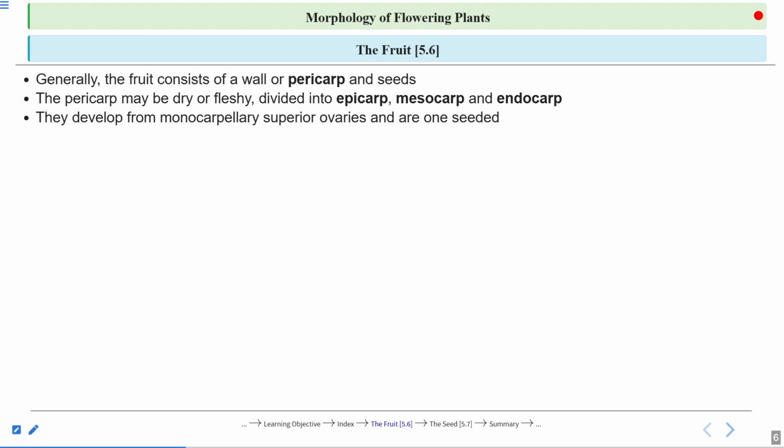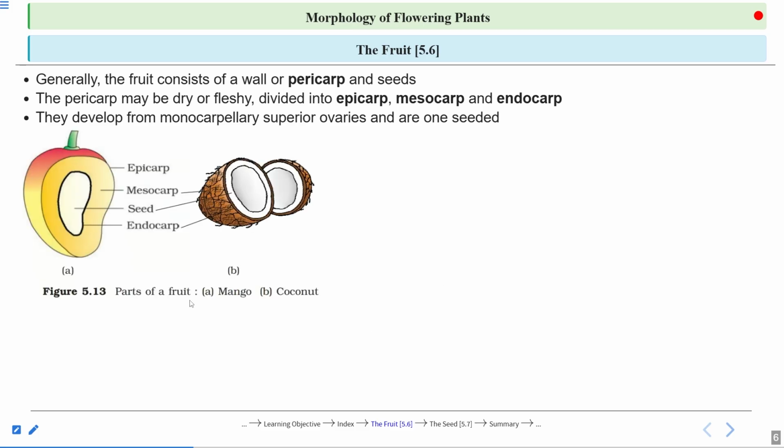The ovary is present above the thalamus, whereas the other floral parts are coming below it, right? And it is one seeded, right? Such superior ovaries where all the floral parts are present below it are called as hypogynous. Very good, hypogynous.